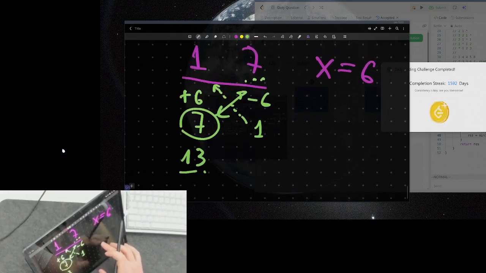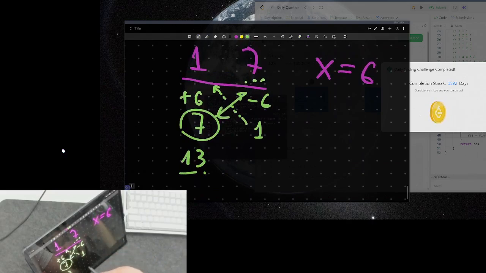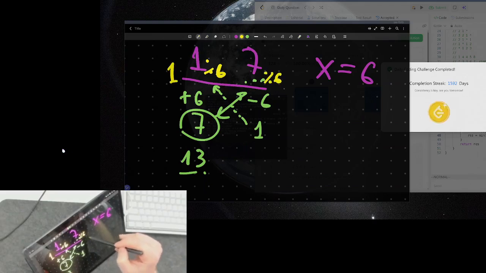You have to observe these properties, and eventually you will see that 1 modulo 6, the remainder, is 1, and 7 modulo 6 is also 1. So it tells you something.